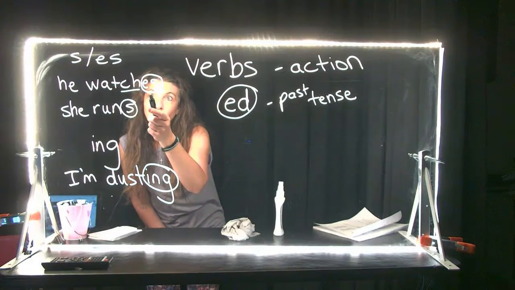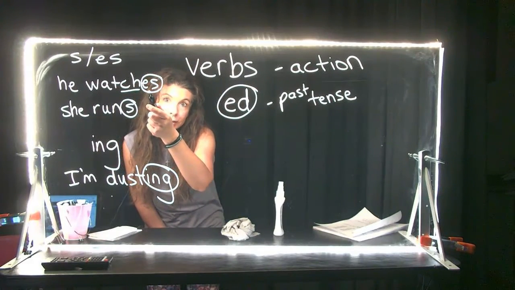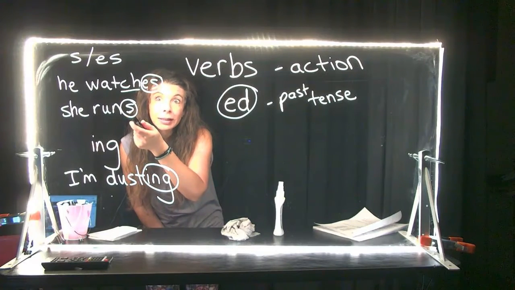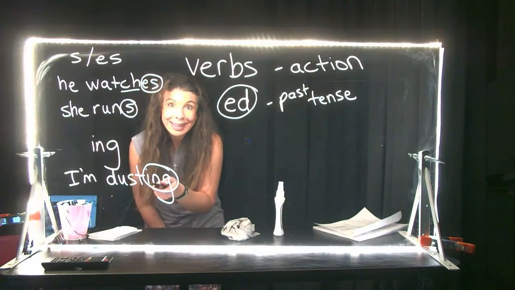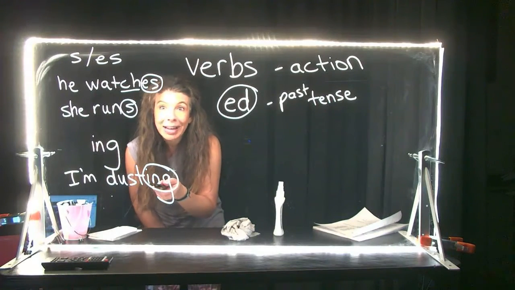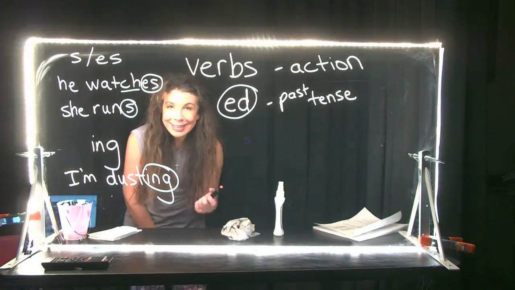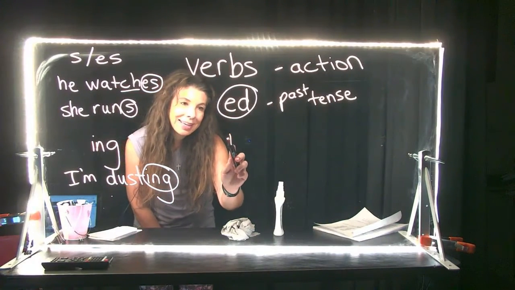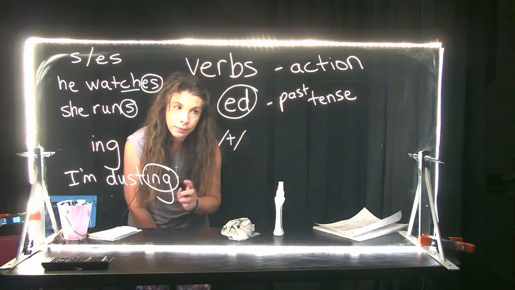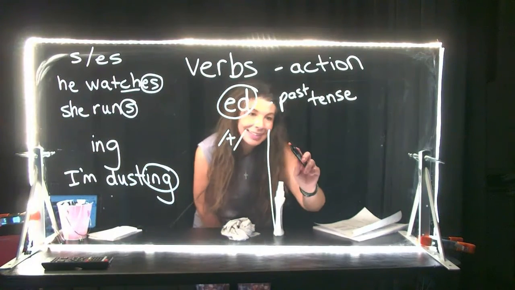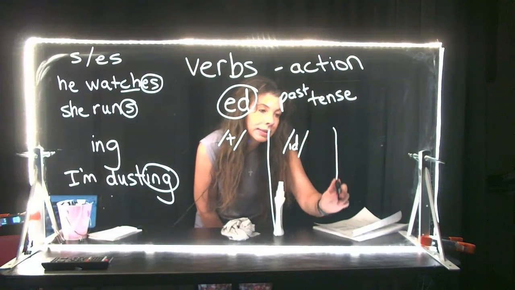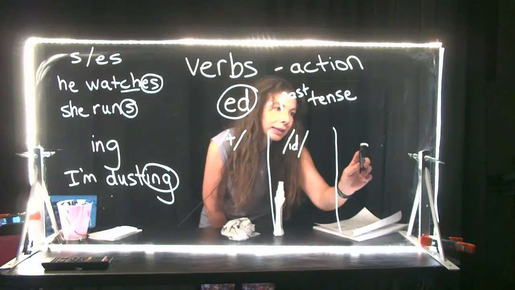Unlike the es, watches, patches, catches, or the s, runs, jumps, climbs, or the ing, dusting, watching, patching. The ed makes 3 different sounds. The ed can sound like a t. The ed can sound like an id or an ed. And the ed can sound like a d.